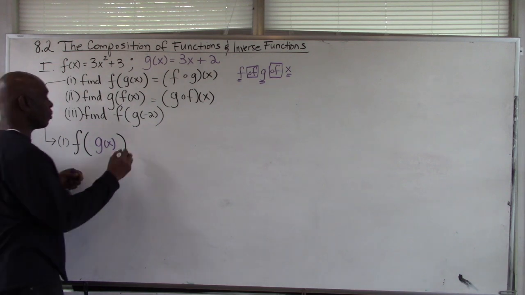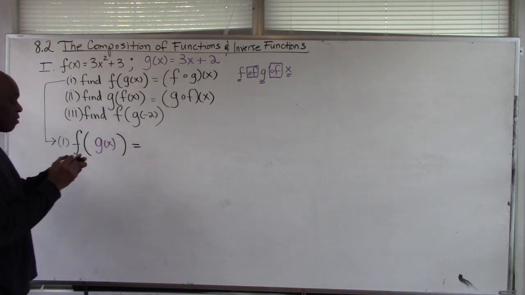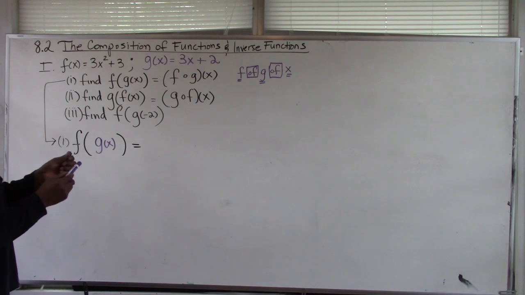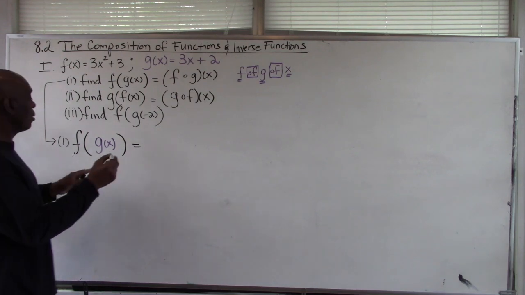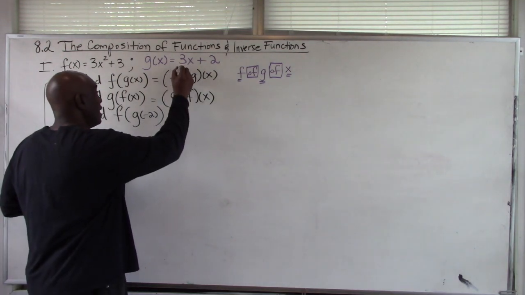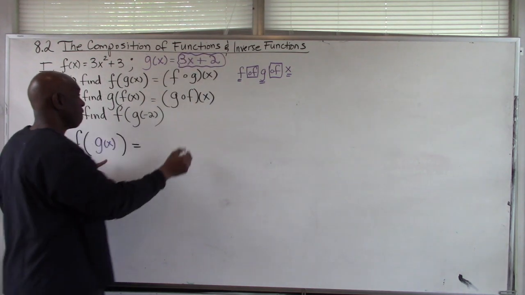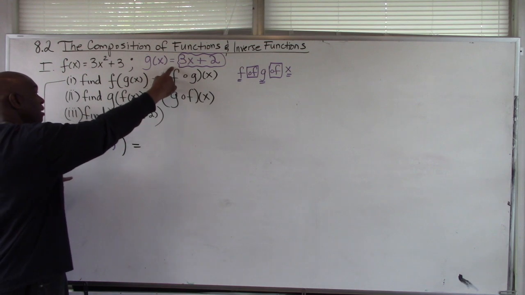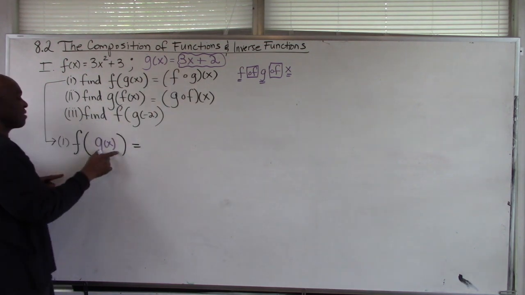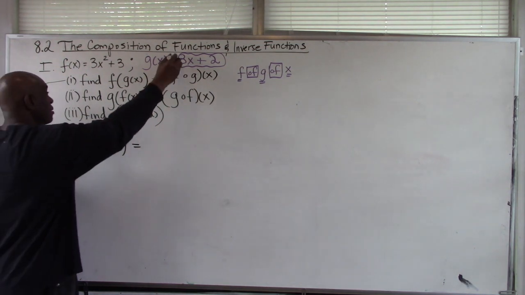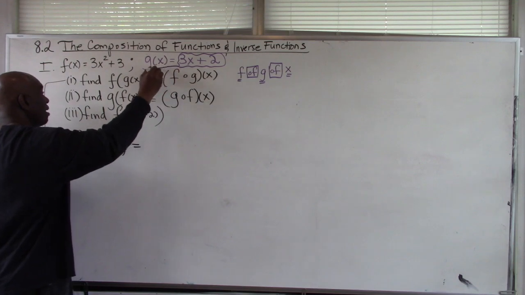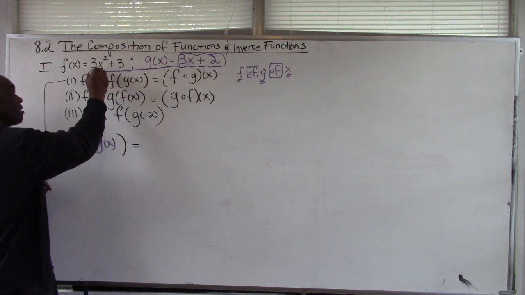So that's going to equal, all right, watch this. This whole function g, which is 3x plus 2. You see that? That whole thing must go inside of f right here where the x is.